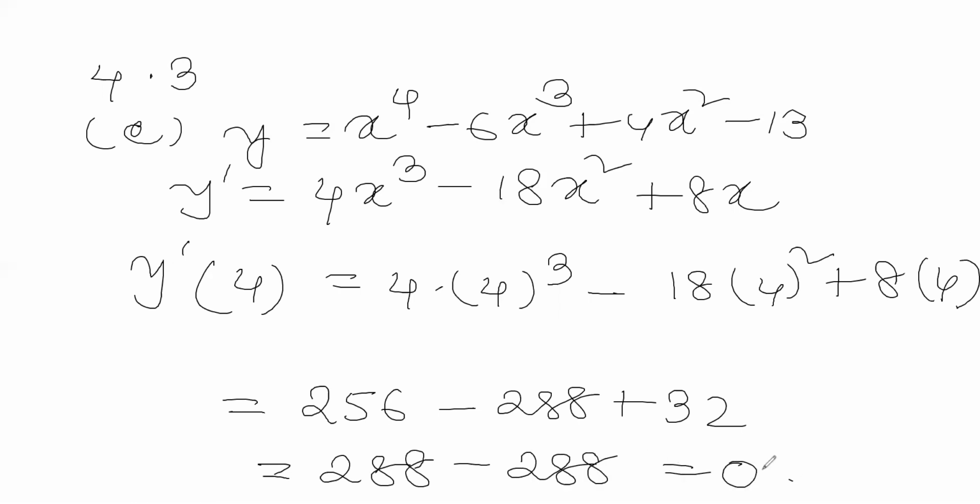Now, if the value is exactly equal to 0, that means the function is stationary in nature. It is neither increasing nor decreasing. It is simply stationary in nature.